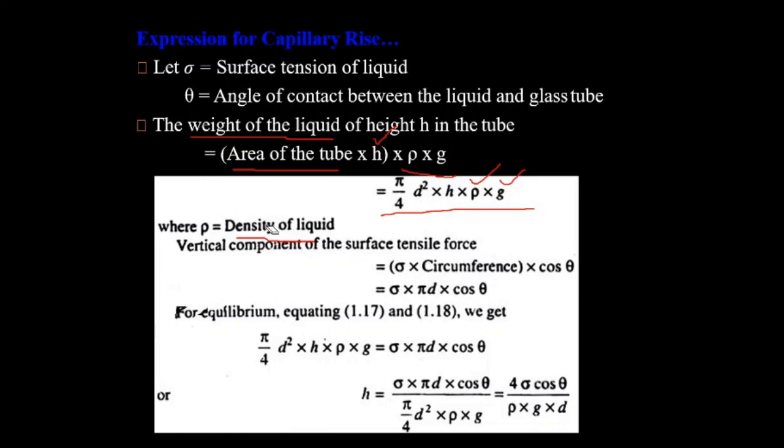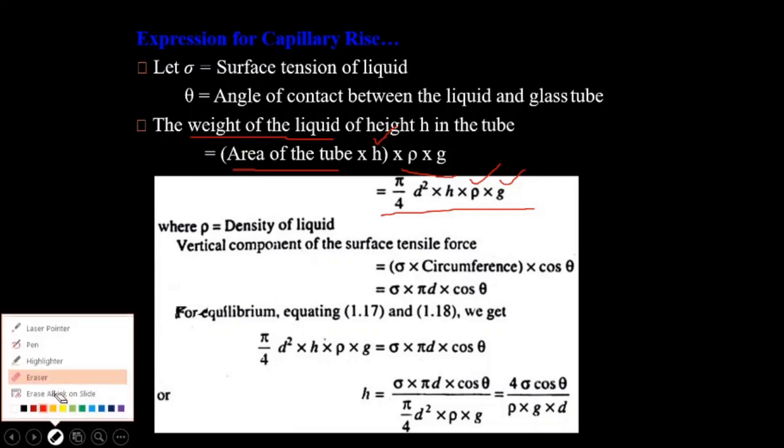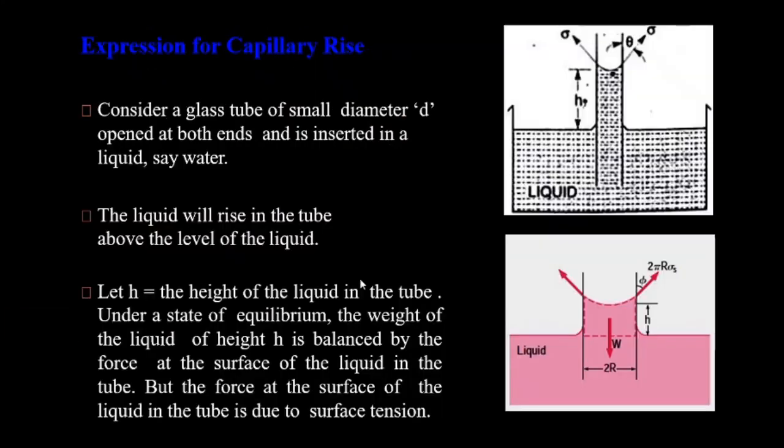Next, what is the other force? The vertical component of the surface tension. See here, this will be the vertical component, right? With that vertical component, which angle is there? There is theta, right?